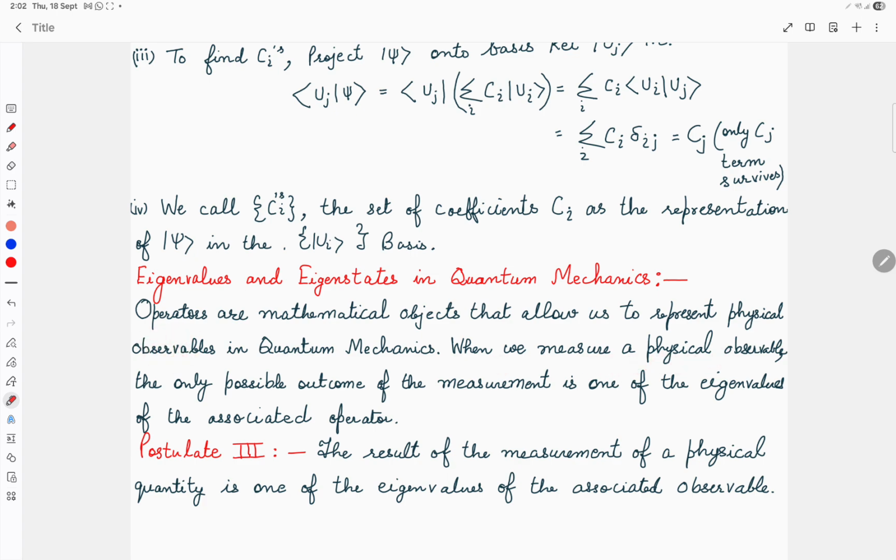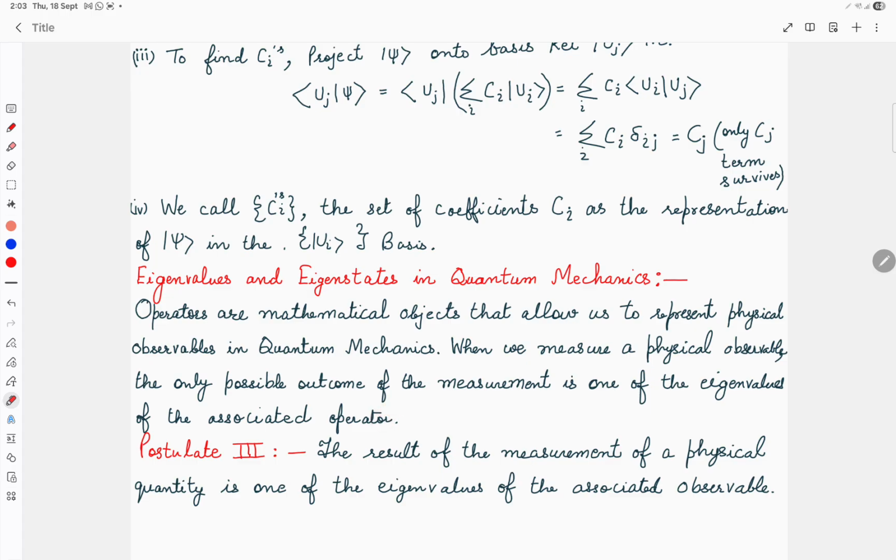When we measure a physical observable, this is very important. Before measurement, the quantum system is in a quantum superposition state. When we do the measurement, the quantum state collapses. That means the superposition collapses to a particular state. Now, which state will it collapse to? The only possible outcome of the measurement is one of the eigenvalues of the associated operator.